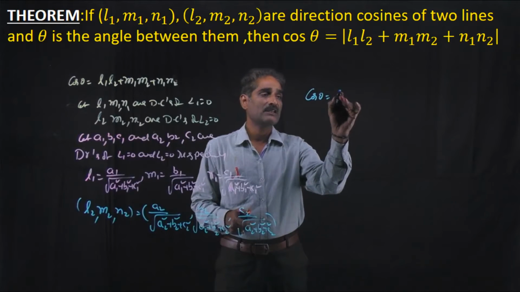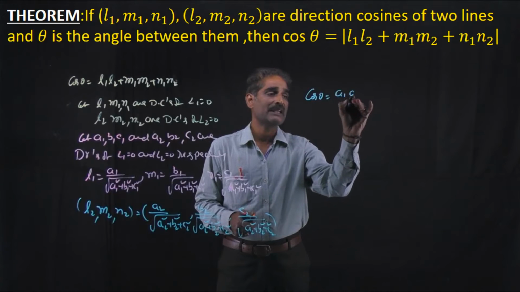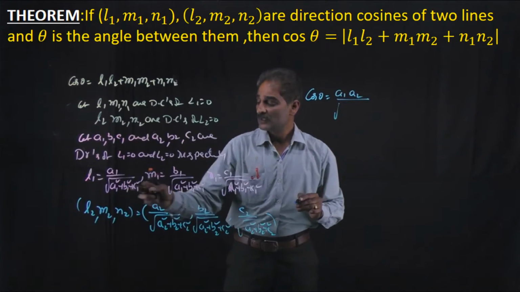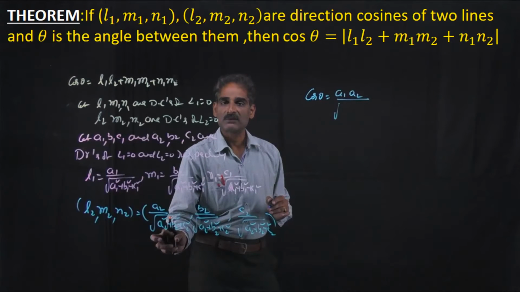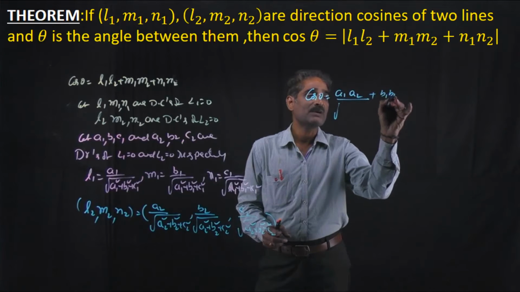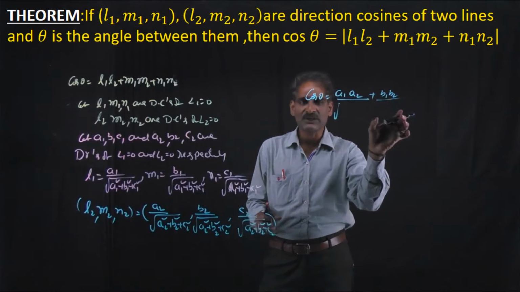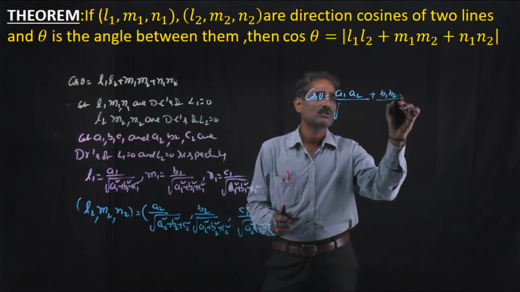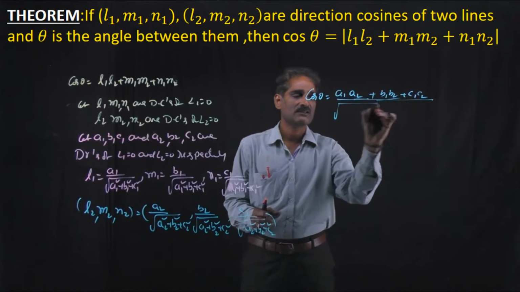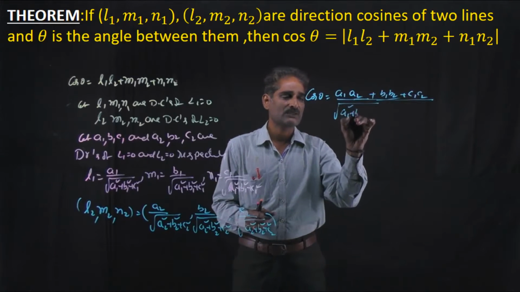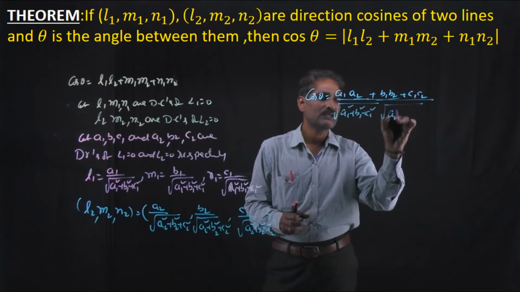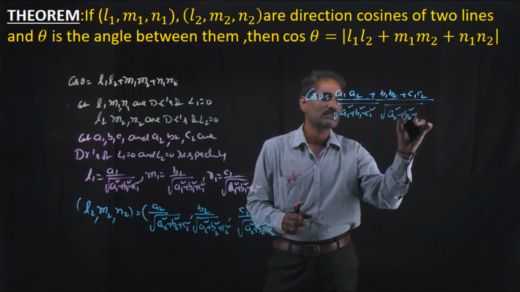Then we get A1 A2 by root of this into this, plus B1 B2 by the same, the denominator is the same, plus C1 C2 by, so we get the denominator root of A1 square plus B1 square plus C1 square into root of A2 square plus B2 square plus C2 square.